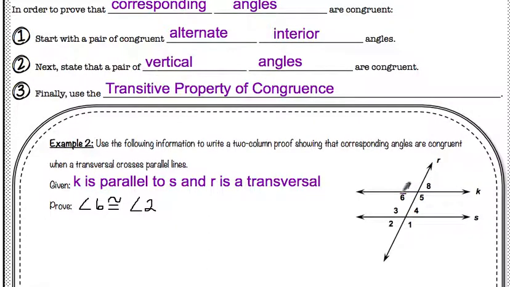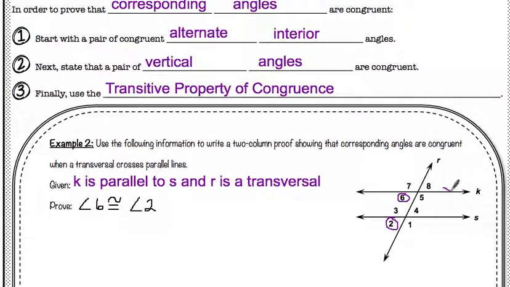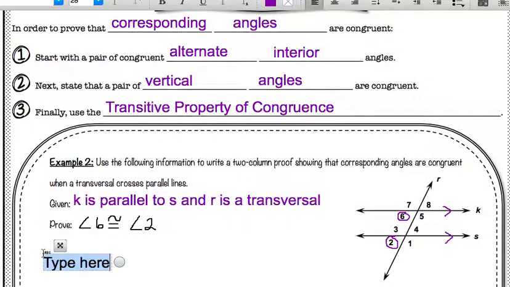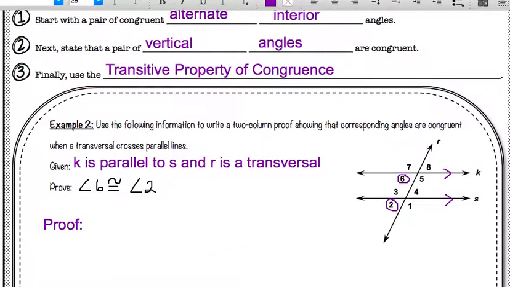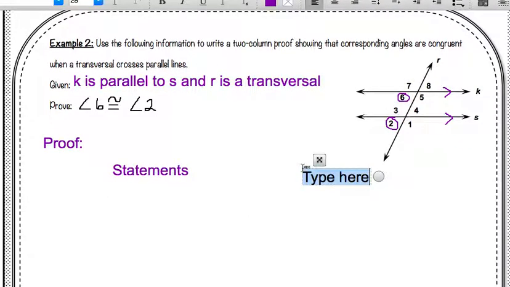Here's 6. Here's 2. We're also going to mark that these lines are parallel. And then we're going to write down the word proof. And we've got statements and we've got reasons.